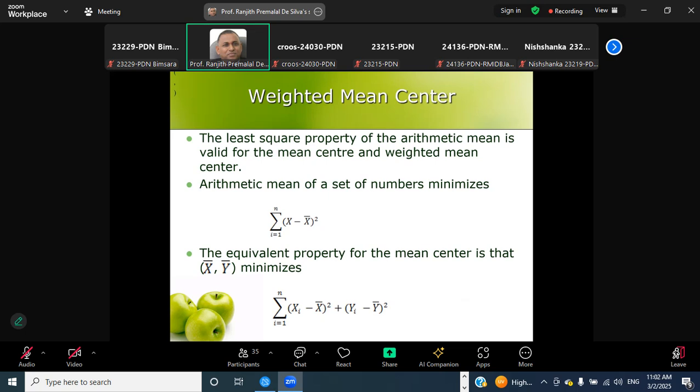That means if you have an x bar calculated as the mean, it minimizes the deviations, or the difference, between the mean and each observation.